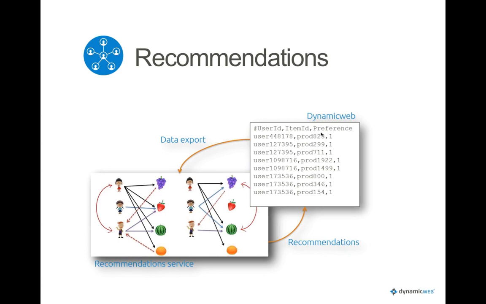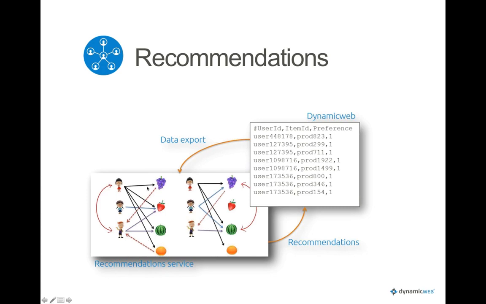This data file, comma-separated values, is then exported to the Mahout server or the recommendation service, and then the recommendation service builds an internal model where it stores the relations between users and products, as illustrated on the left here, where we can see that this user has relations to all these fruits and berries.